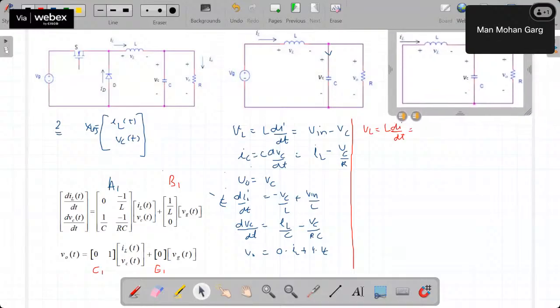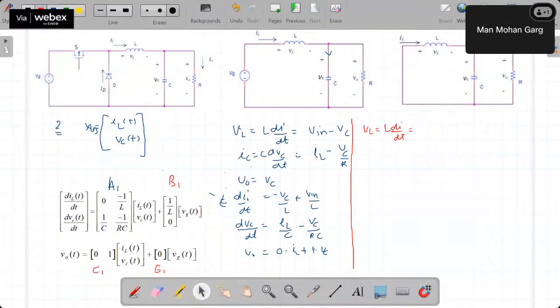Okay, so this is the circuit when switch is off. Now when switch is off, I am writing the equation for VL. So VL is equal to L di by dt, which is now minus Vc. Okay, and when I go for IC, then IC is equal to C dVc by dt, which is IL minus Vc upon R, same as in the previous case, and V output is same as Vc.